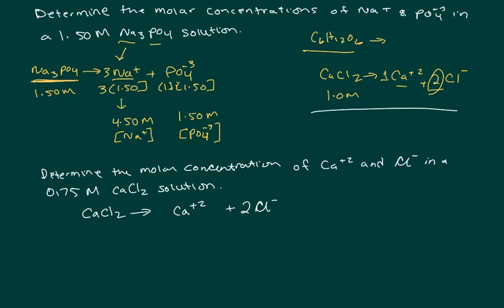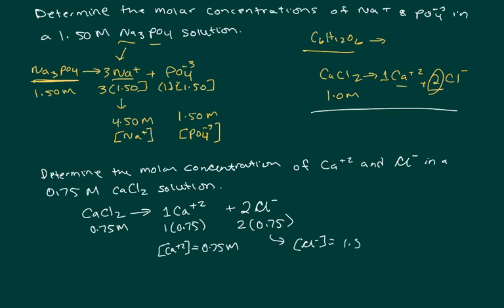If this is 0.75 molar, then this is, since it has a 1, 1 times 0.75, and this has to be 2 times 0.75. So the concentration of the calcium ion is 0.75 molar, and the concentration of the chloride ion is going to be 1.5 molar.